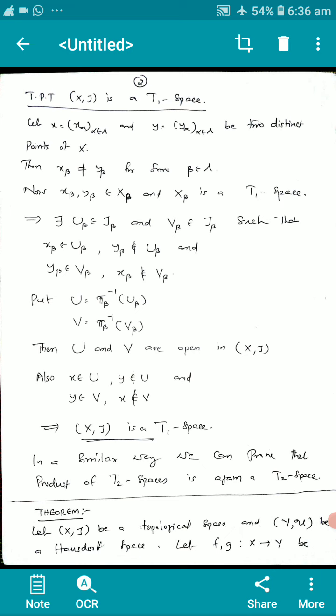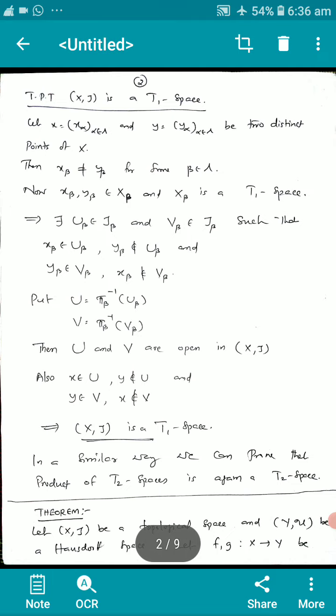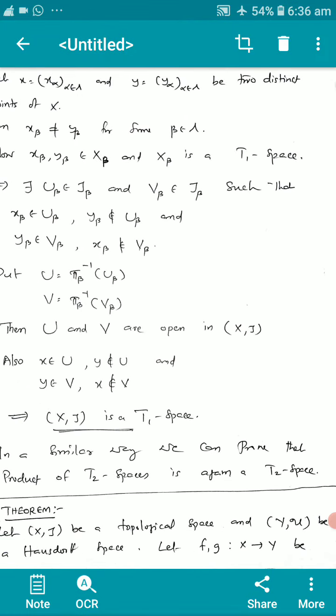That is, x beta, y beta are two points in X beta, and X beta is a T1 space. Now there exist U beta in tau beta and V beta in tau beta such that x beta is in U beta, y beta is not in U beta, and y beta is in V beta, x beta is not in V beta.